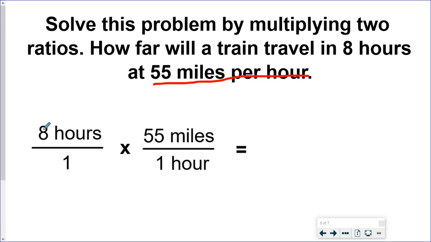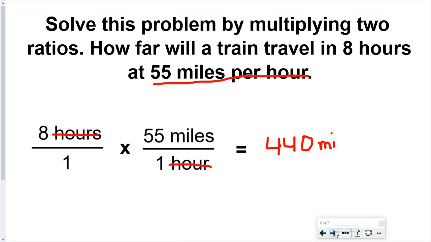I can't reduce anywhere digit-wise, but I can reduce words. Hours and hours can cancel out. Now I'm left with just 8 times 55, and the multiplication on that is going to be 440. And 440 what? What's going to be in my label? It's going to be miles. So it'll be 440 miles.